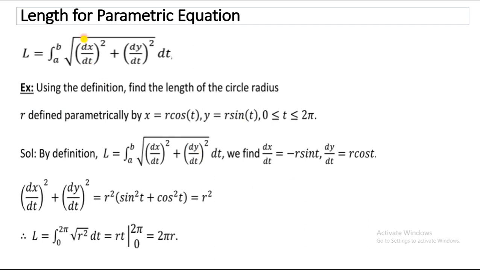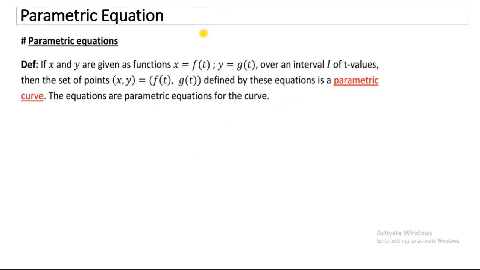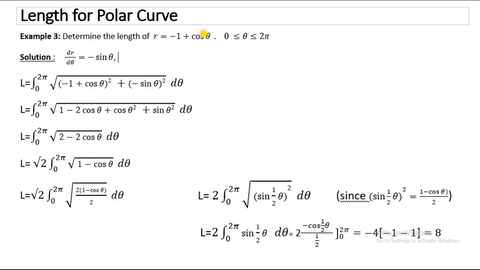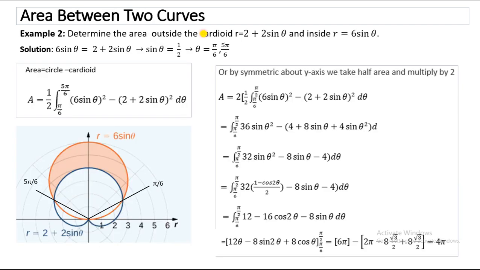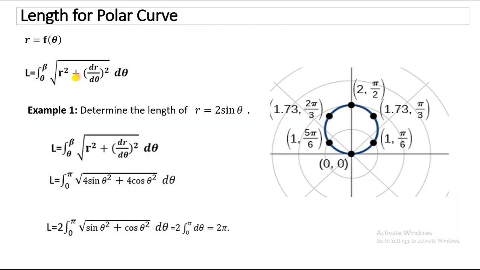Length for parametric equations. You know the length for a polar curve: length equals the integral from alpha to beta of the square root of r squared plus (dr over d theta) squared, d theta.